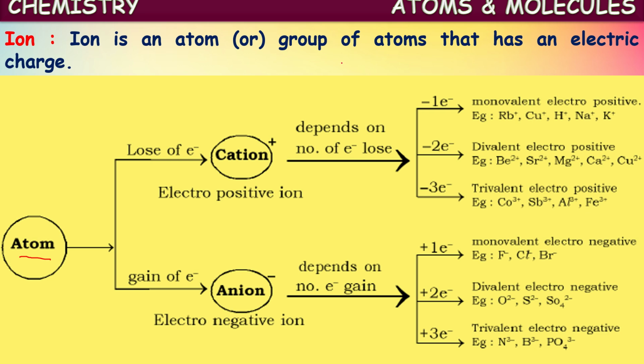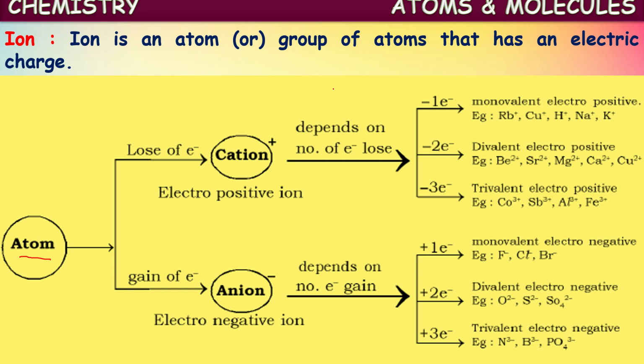That means it is carrying two negative charges on it. Trivalent means by gaining 3 electrons, a trivalent electronegative ion. So in this way, depending on the number of electrons losing and gaining, they form monovalent, divalent, trivalent positive ions and negative ions.